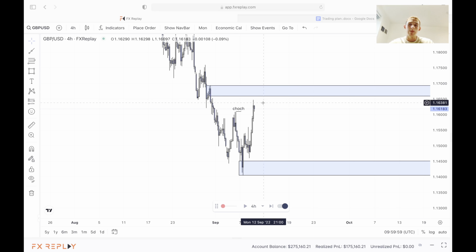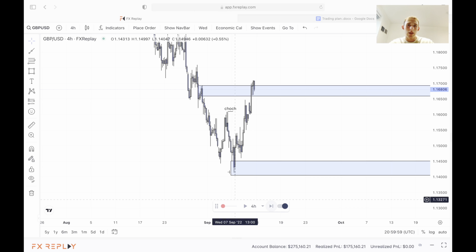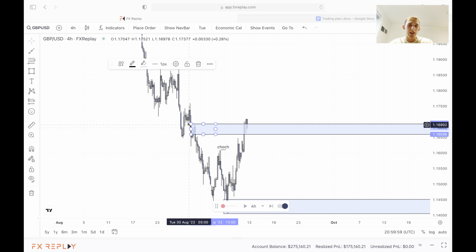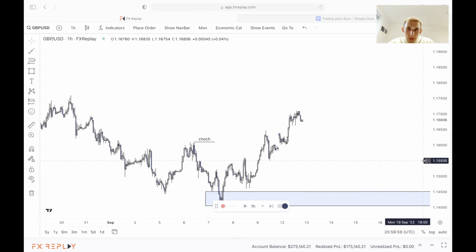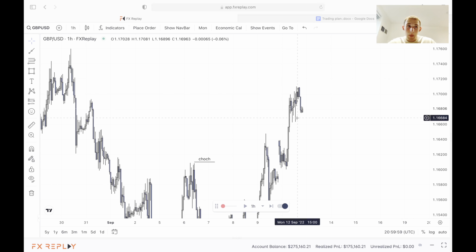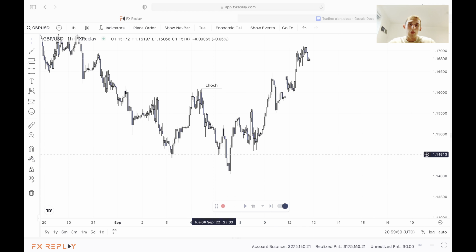So I just want to be cautious of that. In this case, that area failed, and price never pulled back to that zone.